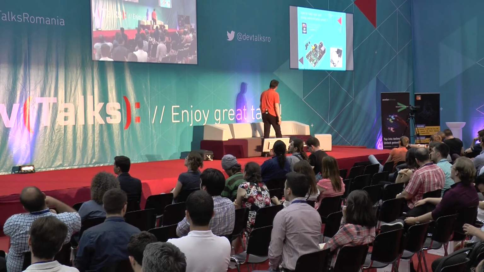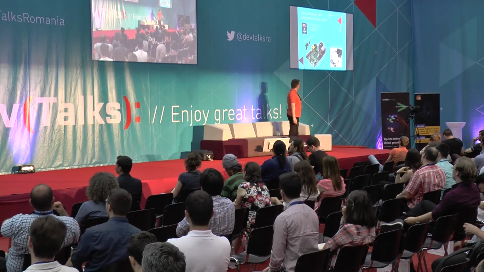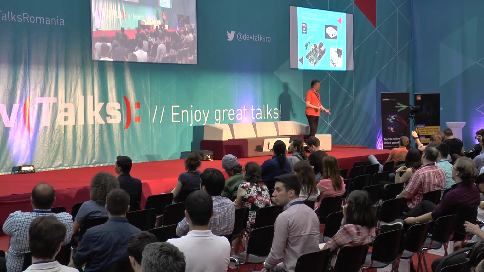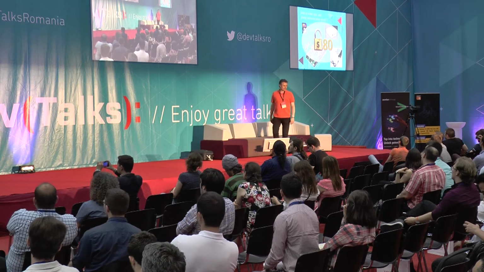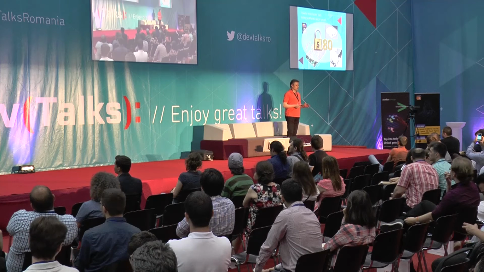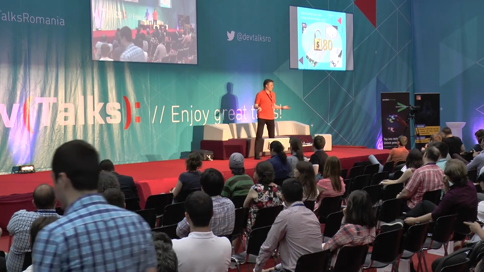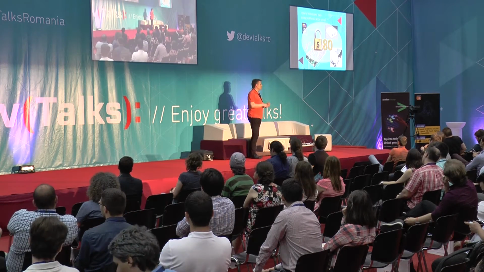And OK, you buy a power supply, or you just take the cable and put it in your firewall. And finally, you take a nice case, so it's better. And at the end, for $80, you have your whole authentication server, which works without any problem for more than 100 people. Because the load is very low, because people only authenticate once or twice a day. So when you have 200 people, that's enough. Or even if they do that 20 times a day, it's still not very loaded.